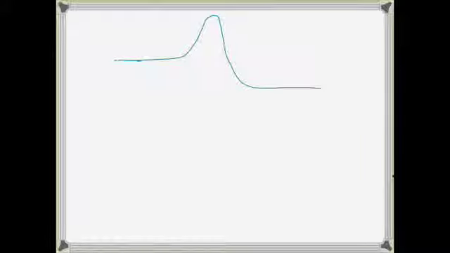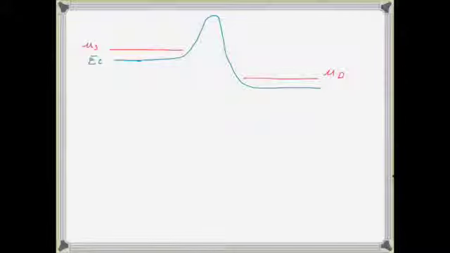And say your Fermi levels are like this: mu drain, mu source, and your conduction band edge. That'd be your potential profile going from source to drain of your FET in the off state.